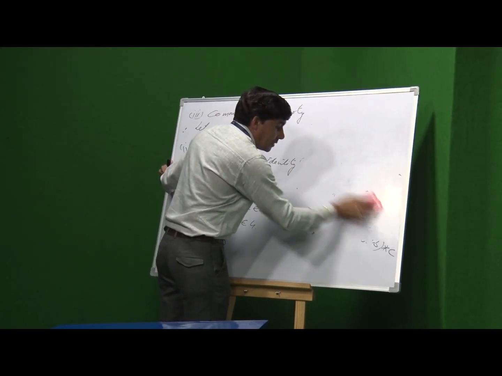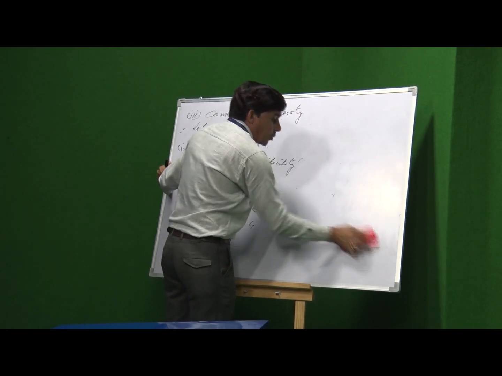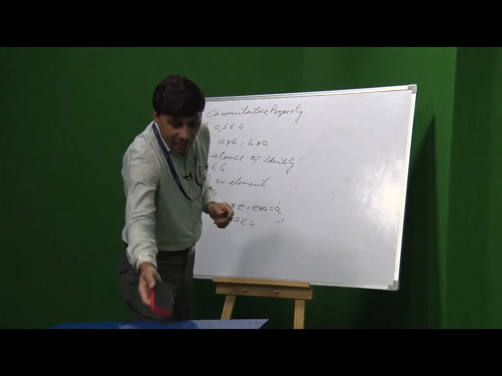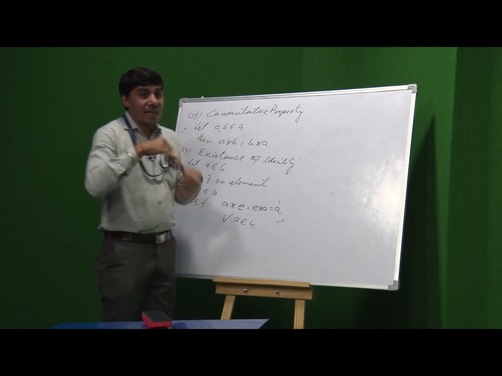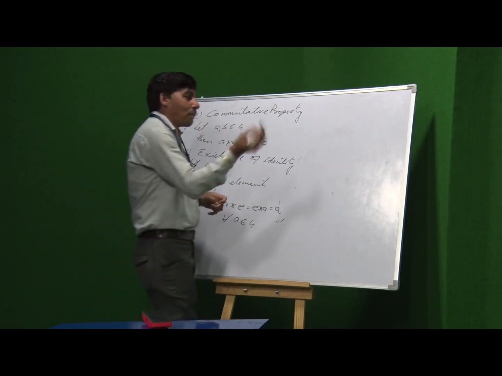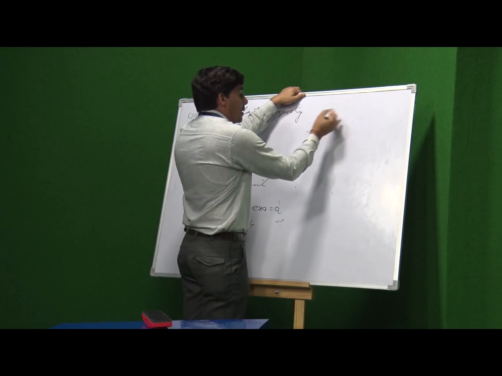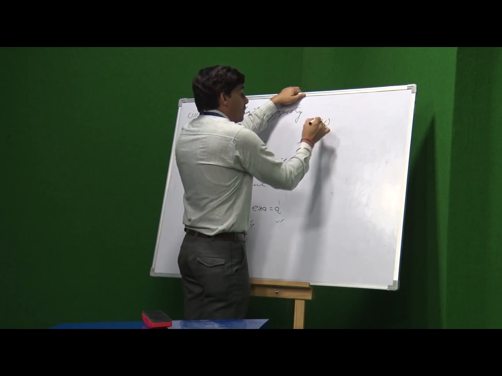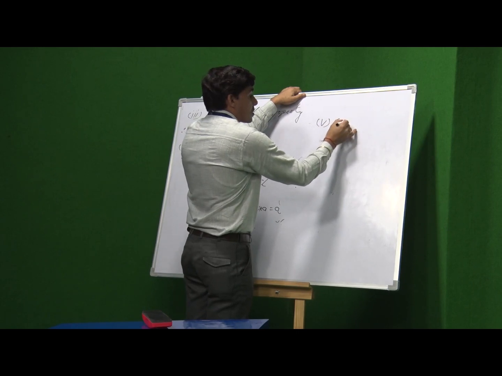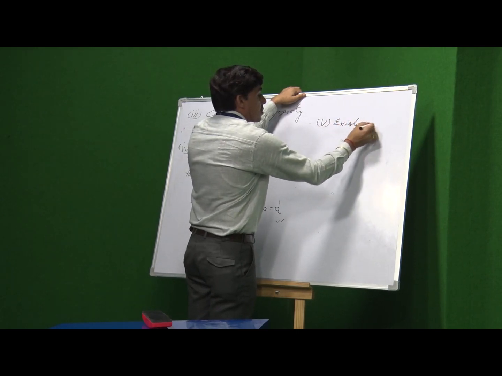In the inverse property, for the binary operation, if we take any element of the set G, then there exists another element such that applying the operation on the two gives the identity element. Fifth one, existence of inverse.